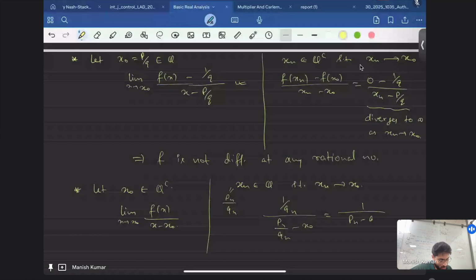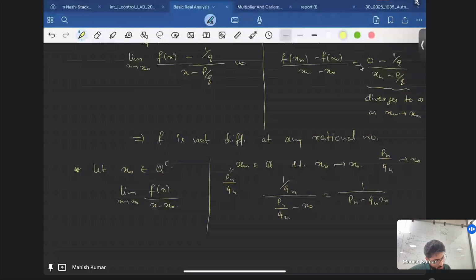So p_n by q_n goes to x naught, which would mean that the absolute value of p_n by q_n minus x naught is less than epsilon, so the absolute value of p_n minus q_n x naught is less than epsilon by q_n.